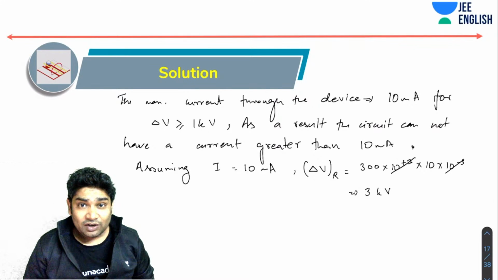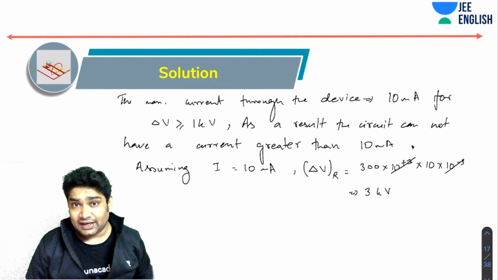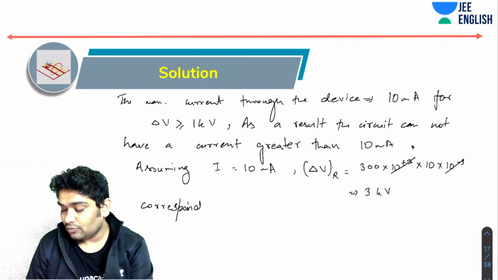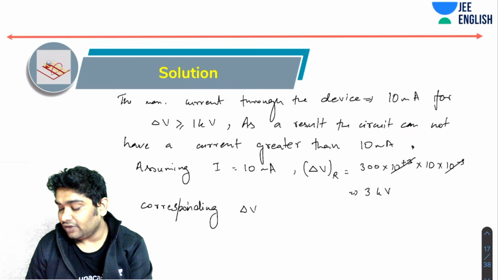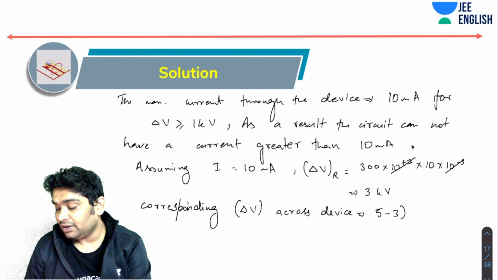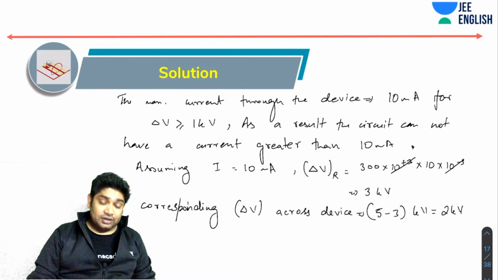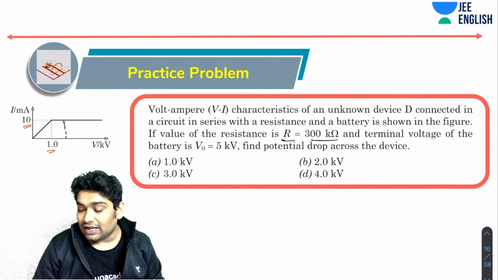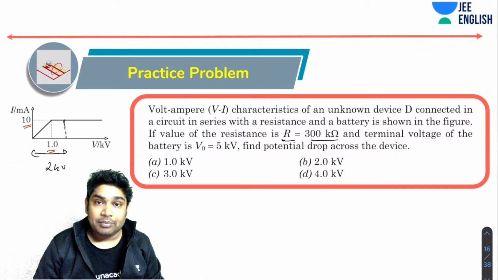So if 3 kilovolt is the potential difference when the current is 10 milliamperes, what is the corresponding delta V across the device? That would be 5 minus 3 kilovolt equals 2 kilovolts. So yes, if I assume that the current is 10 milliamperes, then that satisfies this value. So the device has a potential difference of 2 kilovolts, and yes, it will allow 10 milliamperes of current to pass through it.